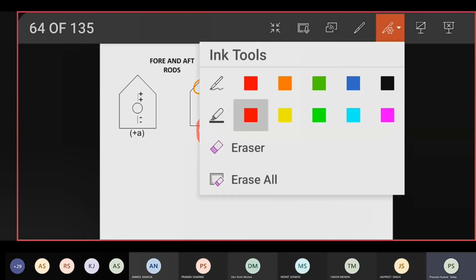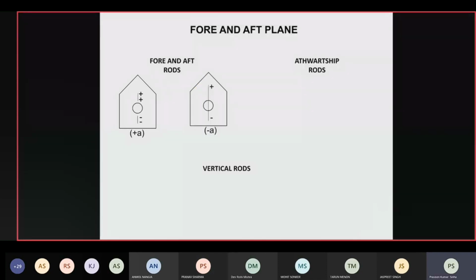Now overall, this is aligned forward aft. Remember that we are talking about the forward aft plane and a forward aft rod also. So this overall rod is giving rise to an imaginary rod, a forward aft rod, aligned forward aft, which is negative A.